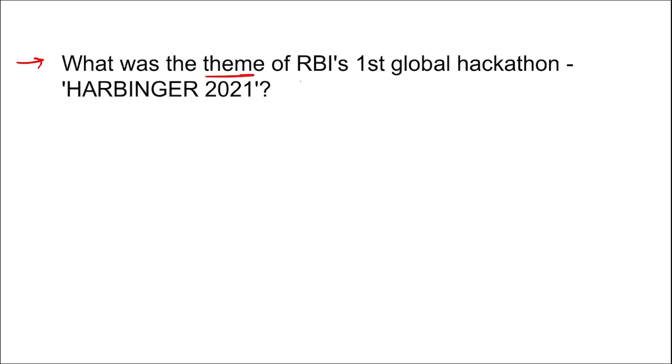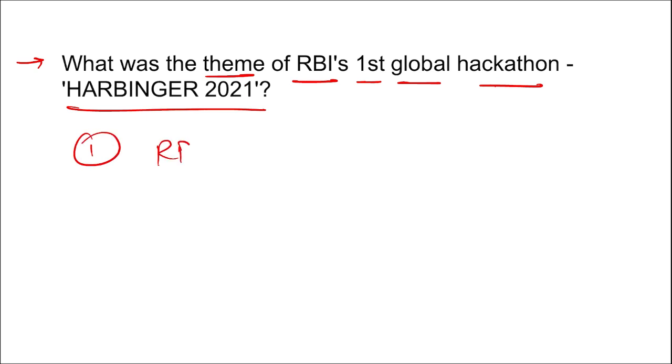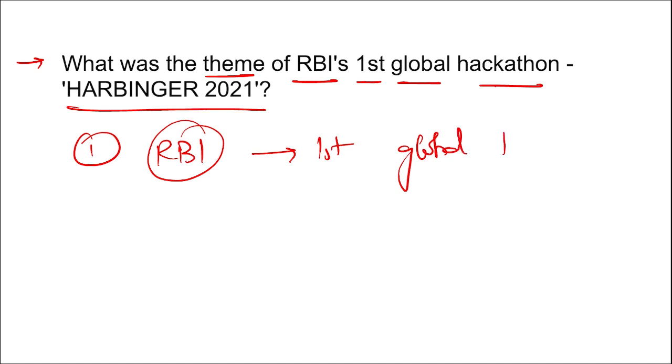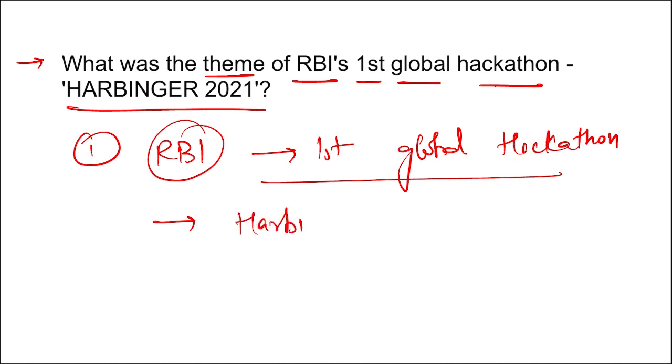What was the theme of RBI's first global hackathon, Harbinger? First thing you should pay attention to: what was the name of RBI's first global hackathon? It was Harbinger 2021.